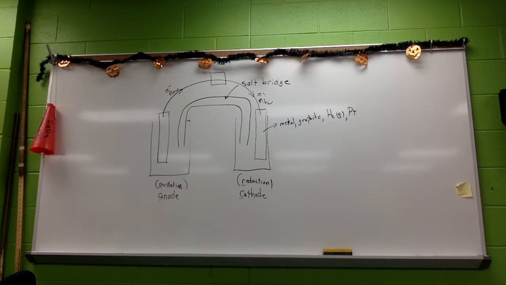It could be the thing you're actually trying to run: your cell phone, your calculator, your flashlight, whatever it happens to be. If this were an electrolytic cell, it would be the source of electrons. But we're not that far yet.